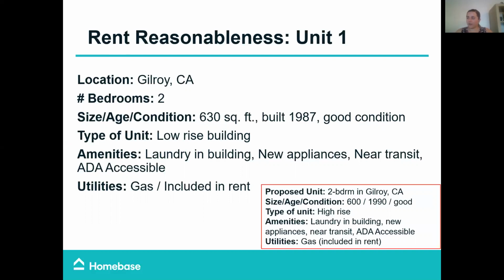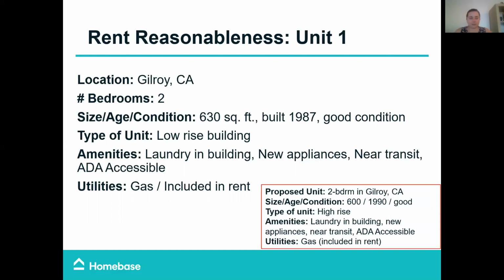Okay, great. I'll go ahead and stop us there. So yes, it does seem as though this unit is comparable for purposes of this comparison. It's got the same number of bedrooms. It's pretty similar in terms of its size and when it was built. It's got similar utilities and similar amenities. Wonderful.